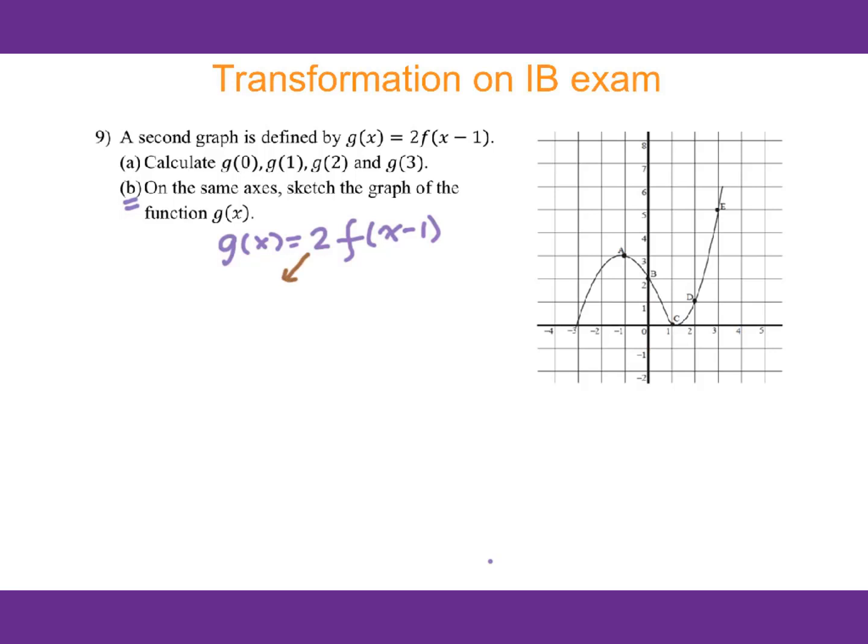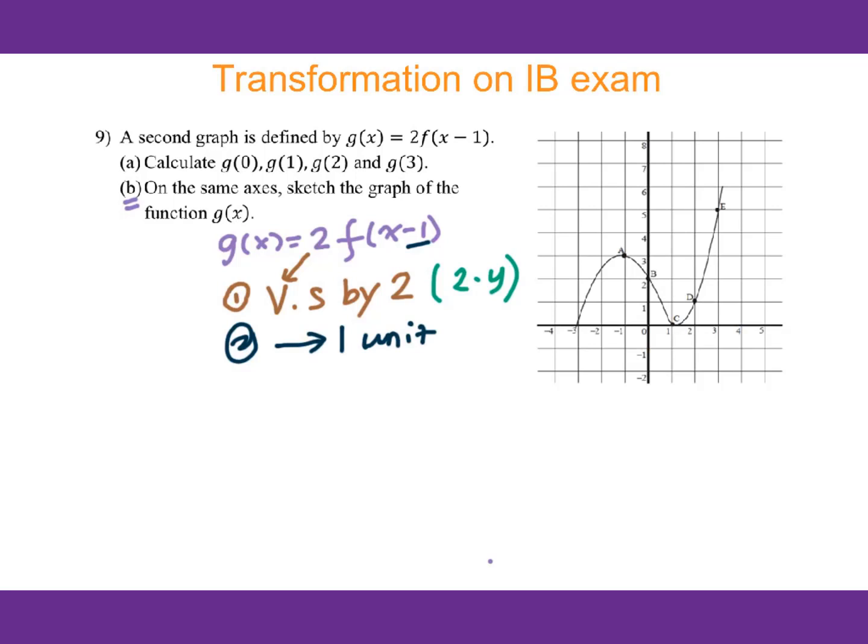For this 2, which means vertically stretched by a factor of 2, for each point on f of x, the y coordinate is multiplied by 2. Second step, move to the right 1 unit, because the 1 inside is a horizontal shift.